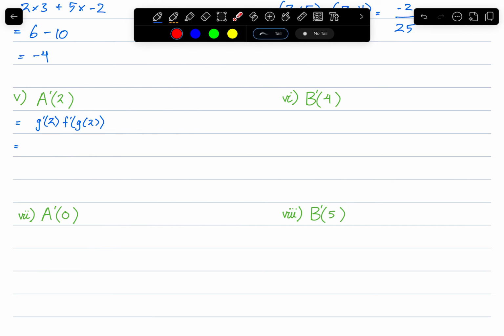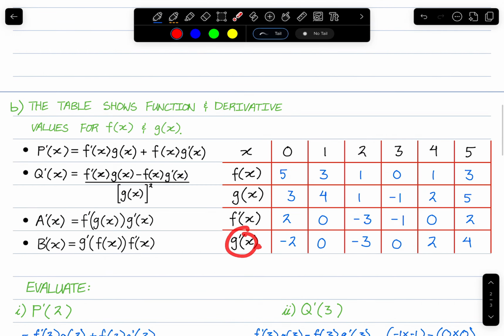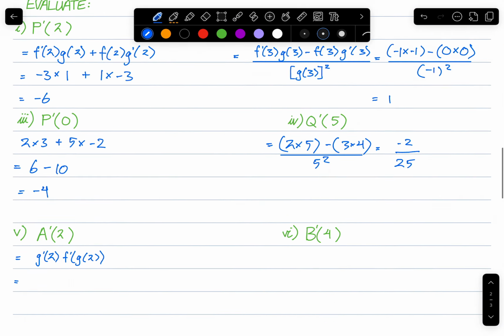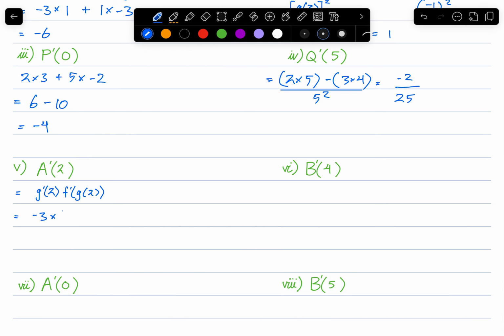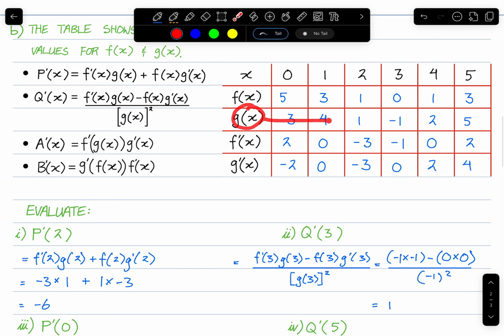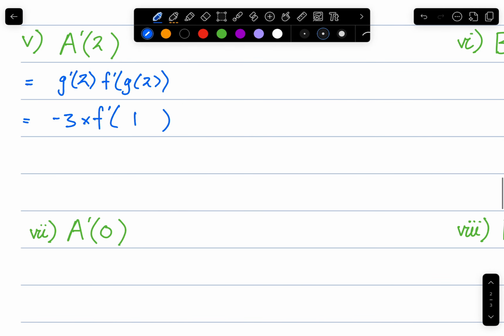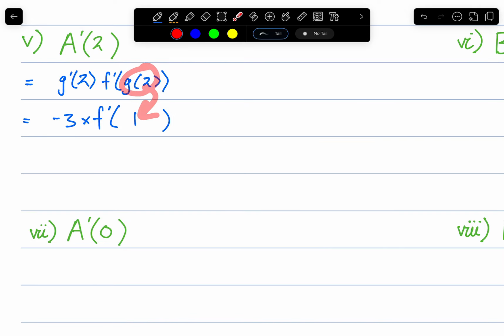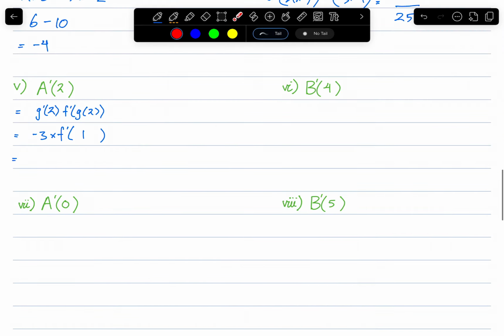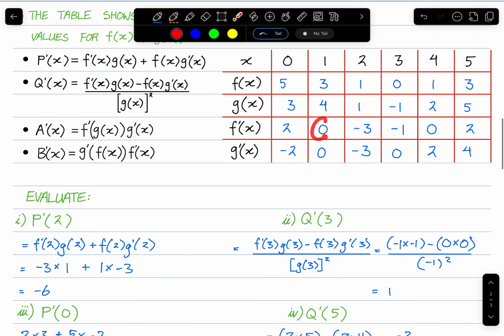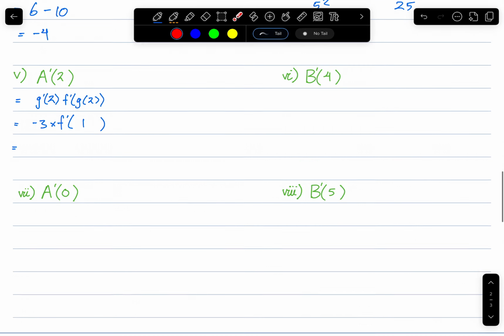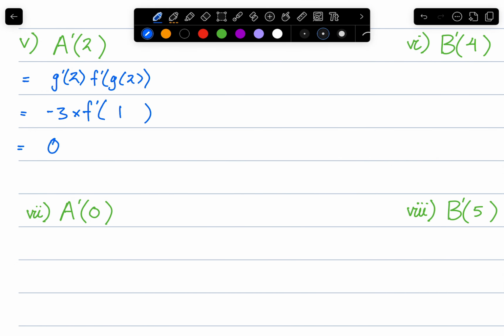G prime of 2 is -3 times f prime of g of 2, which is 1. But look, since g of 2 becomes 1, we actually now have to take a look at f prime of 1. F prime of 1 is 0. So all of this suddenly becomes just 0. And there we have it.